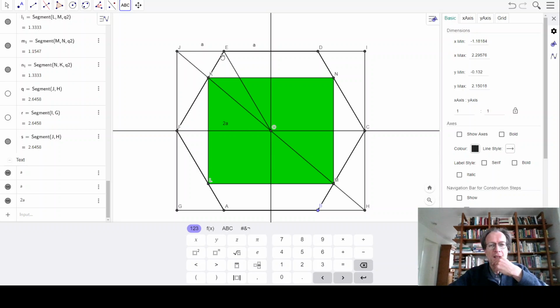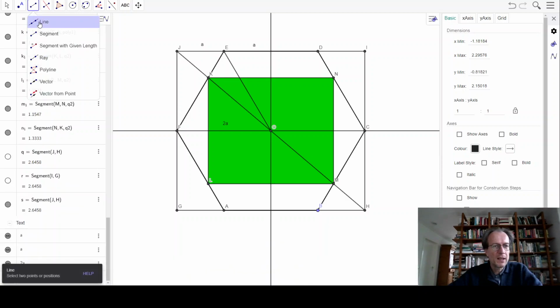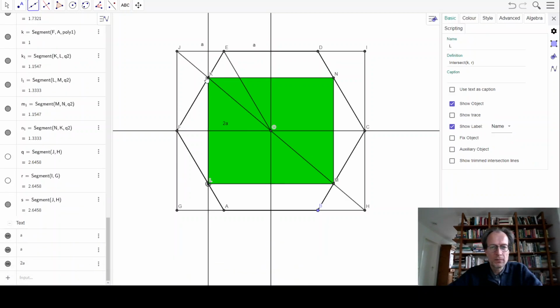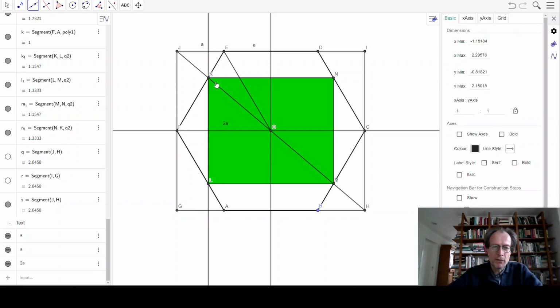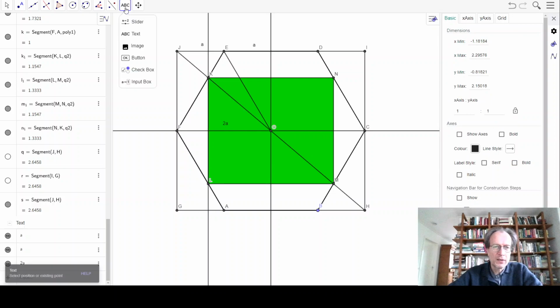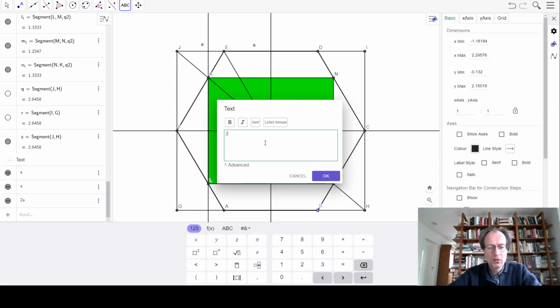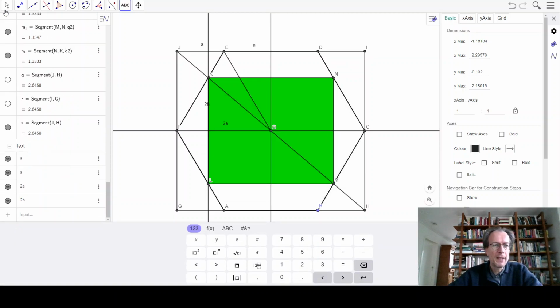So because these lines are parallel and the baselines have a ratio of 2, it means that all the dimensions have ratio 2, including the height. So if I extend this line, then we have the height of this triangle. Let's call it 2h for convenience. 2h over there.